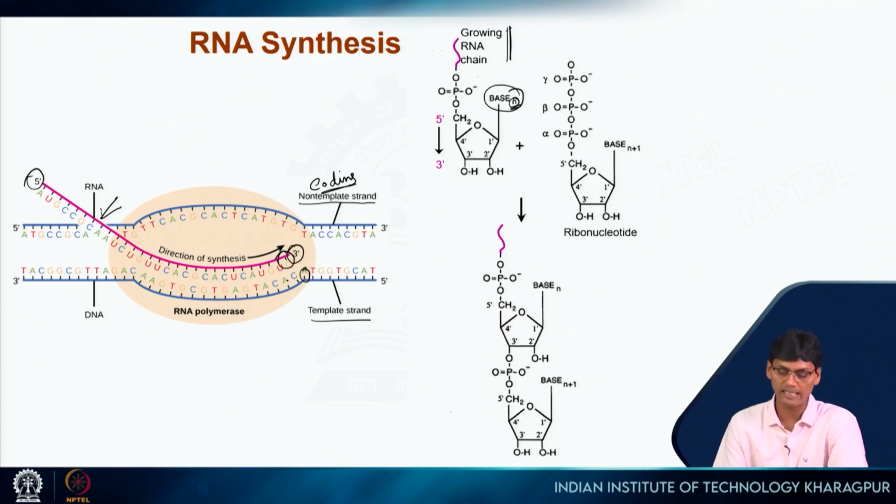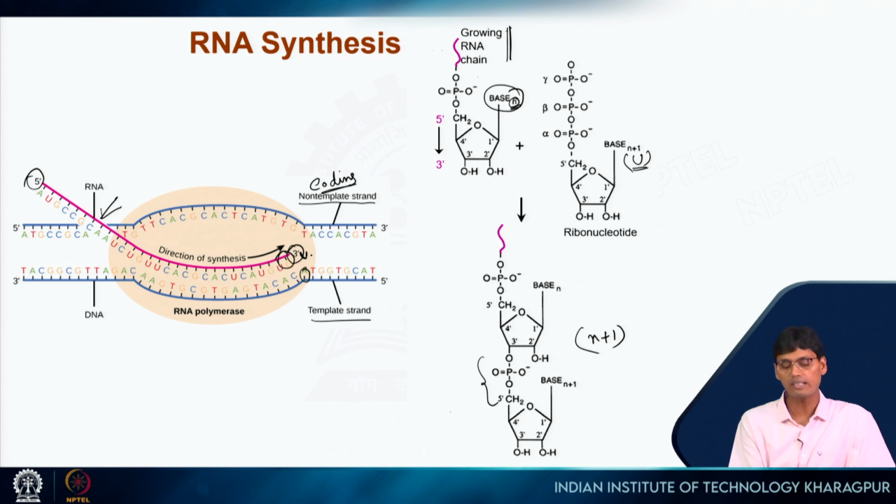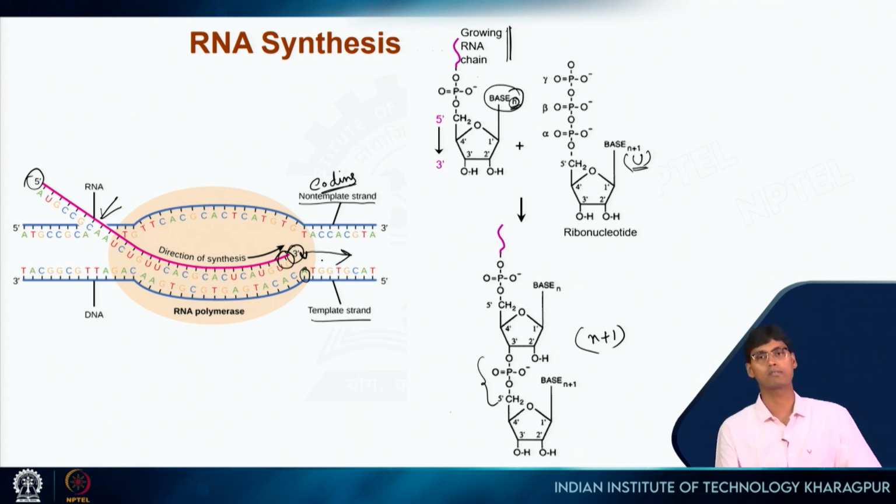As a result, one residue, that will be U, uracil, should be added here through a phosphodiester bond. Then the total number of nucleotides in this RNA is n plus 1. This way this RNA will be growing from 5' to 3' direction. That is all about RNA synthesis.